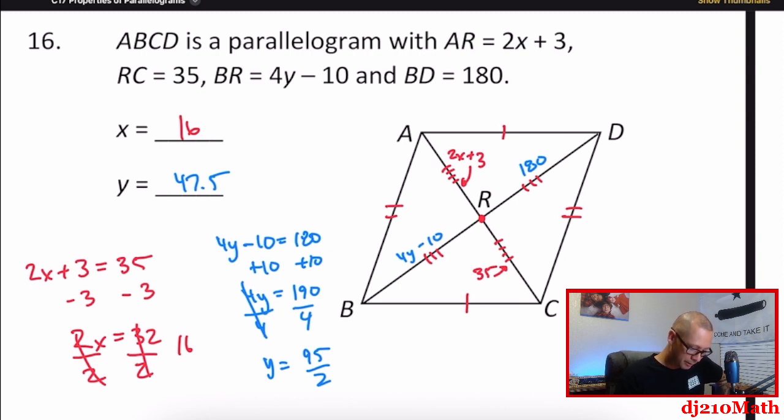Let's just double check the math on everything. So 2x plus 3, 35, we're good. So BR is 4y minus 10. Oh, I see what I did wrong. BD, the whole thing is 180.